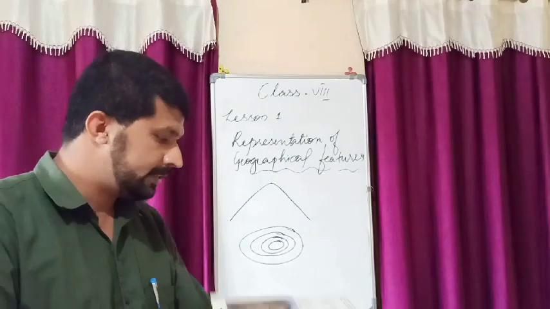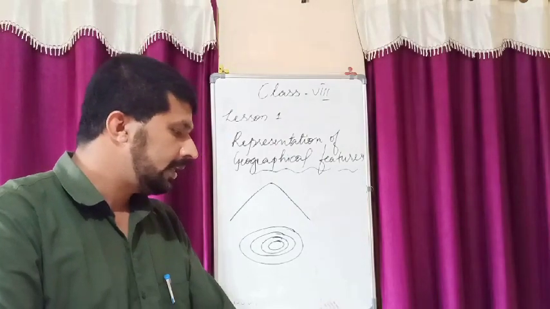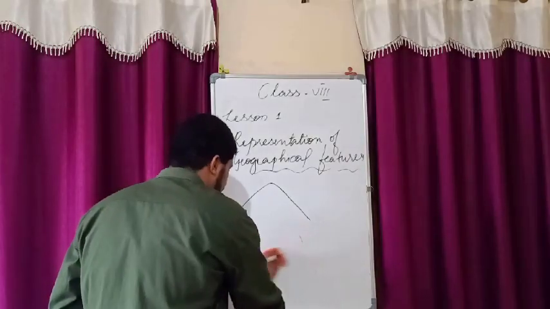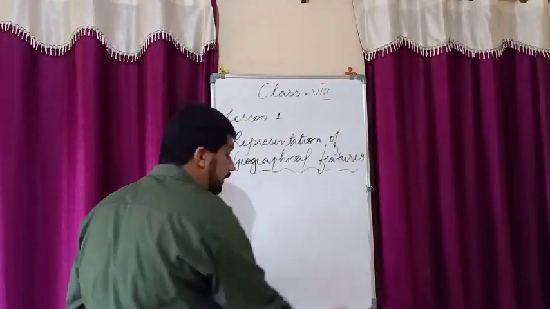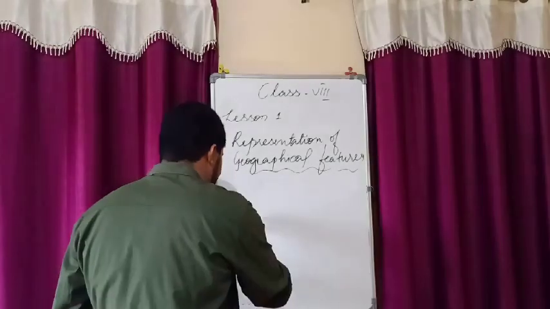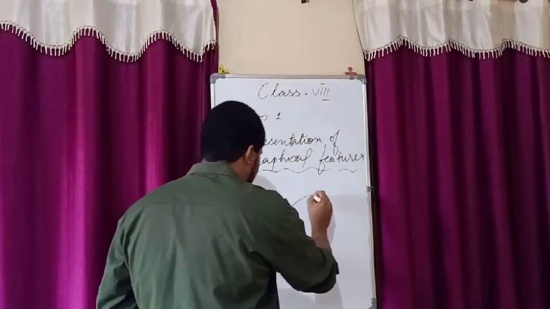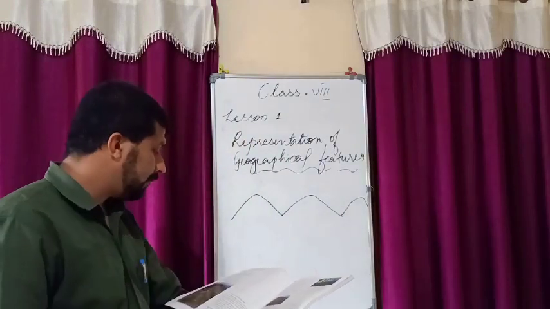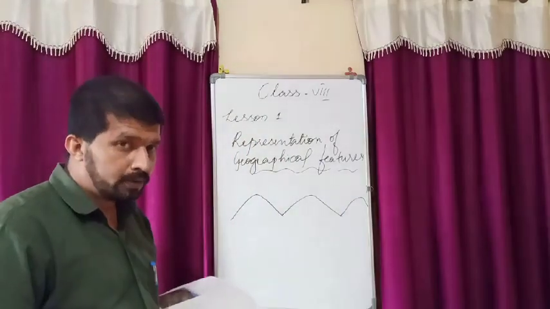Then another land feature we have to see is a ridge. A ridge is a mountain chain having multiple peaks. It can be represented by using contour lines.